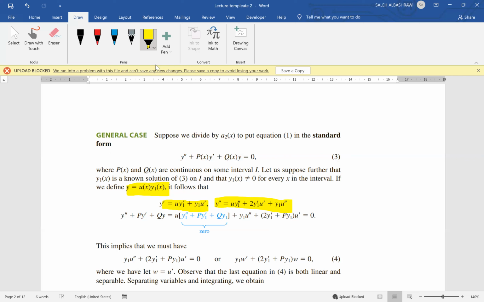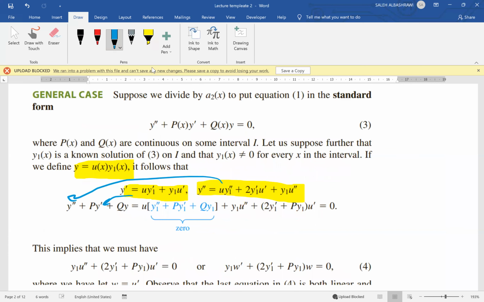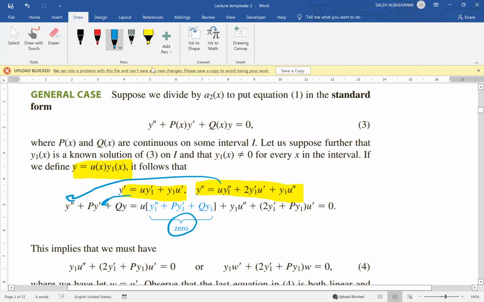Now if we substitute this relation in the given equation, we will have this equation: u multiplied by, just combining the similar terms, y1 double prime plus b y1 prime plus q y1, which is equal to 0, because this is the original equation. So this part will be equal to 0.